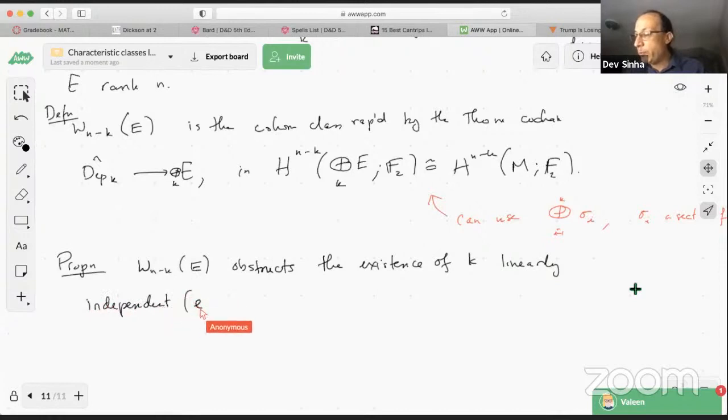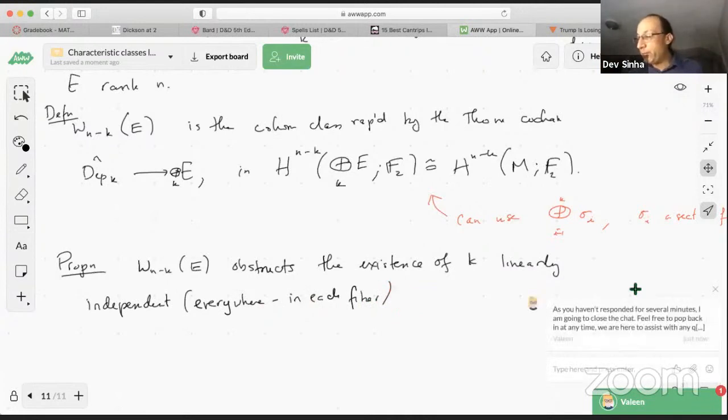Let me emphasize pointwise everywhere. Not linearly independent as in, you know, they're independent somewhere, but no, they're honestly everywhere independent sections. Okay, let me give the proof and then a little bit more about the meaning.